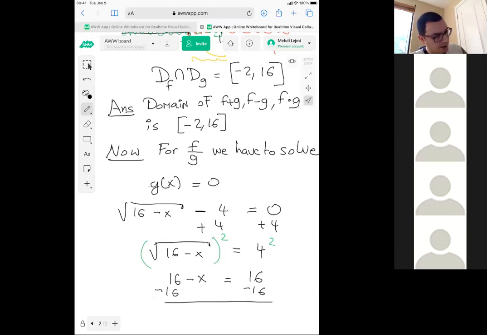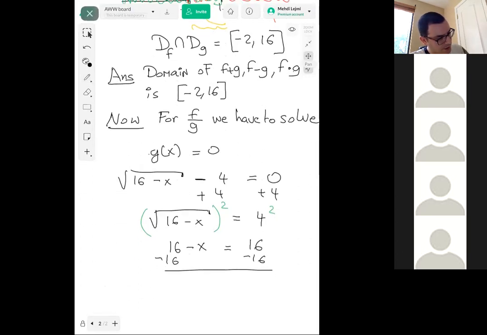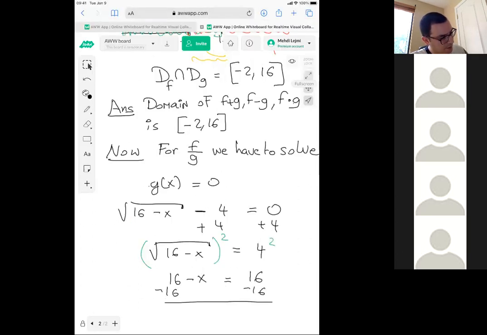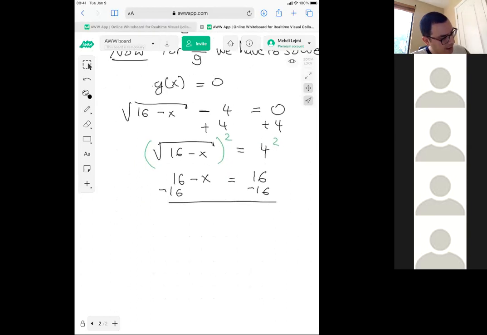So then my minus x is equal to 0. You can divide by -1 if you want. So my x is just 0.